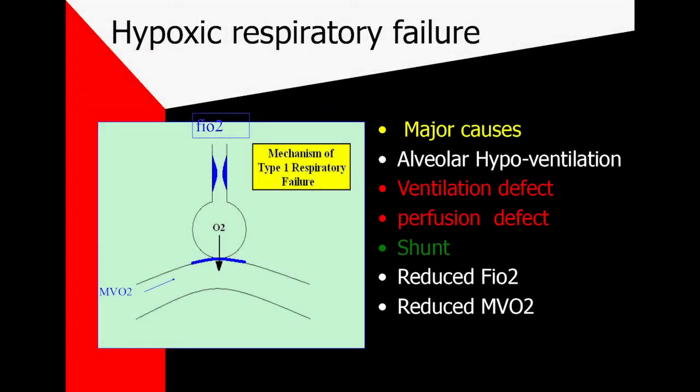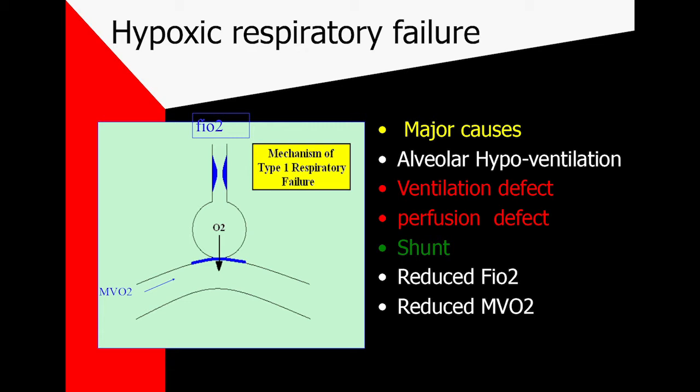The mechanism of hypoxic respiratory failure: one of the major causes is alveolar hypoventilation. The second, I call it ventilation abnormality. In the books, they call it ventilation perfusion mismatch.